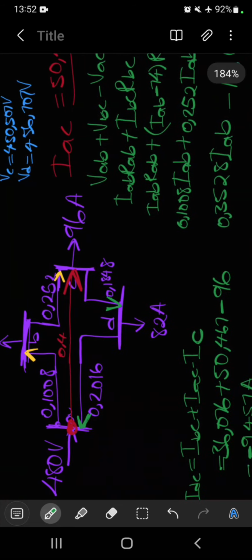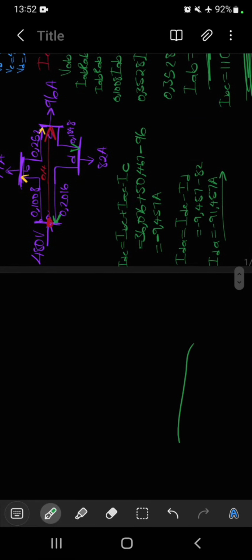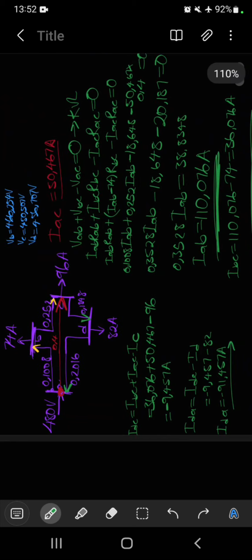We just have to calculate the load voltages now. Looking at this, load voltage B is simply VA minus the voltage drop here.